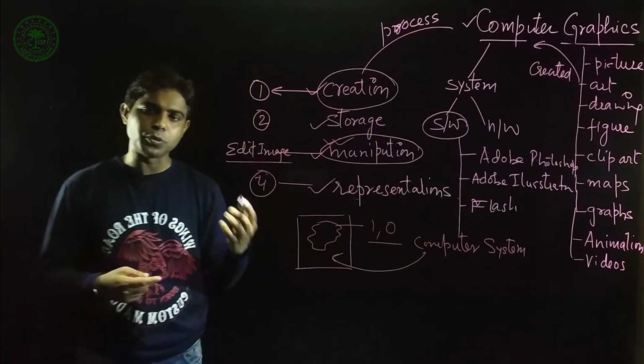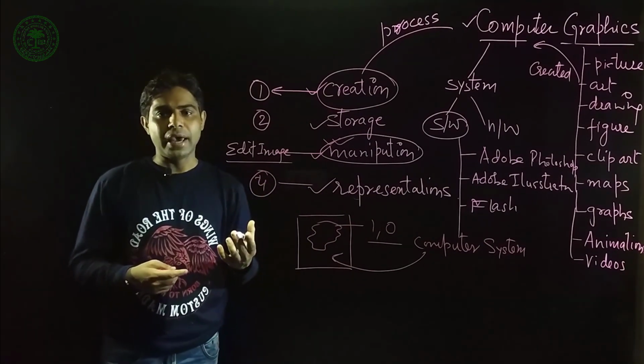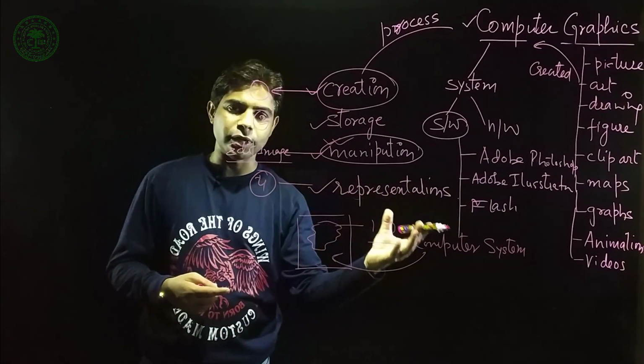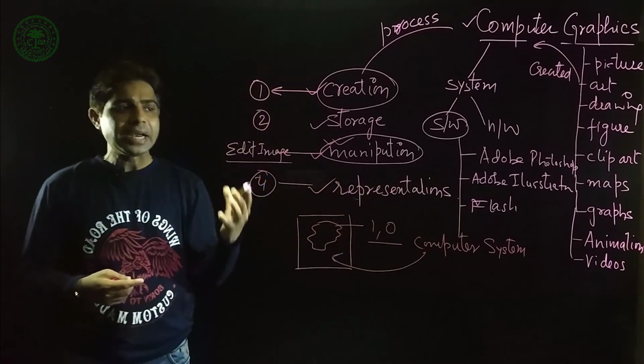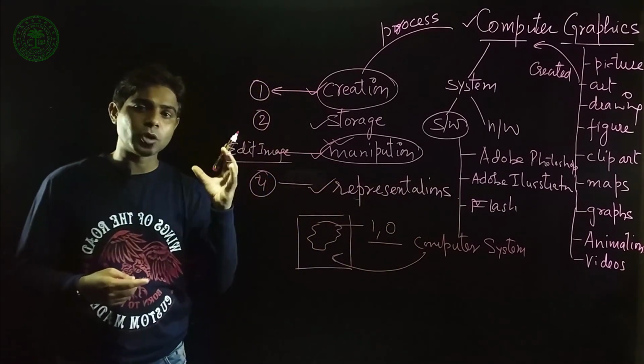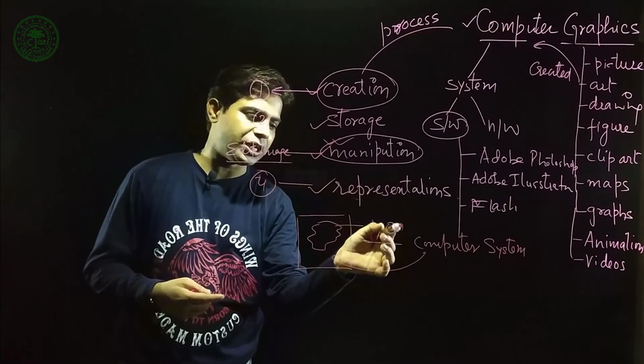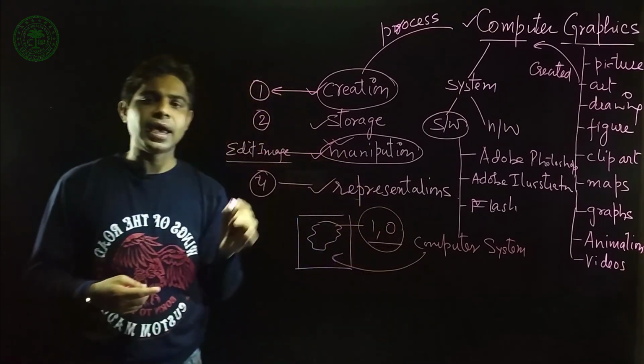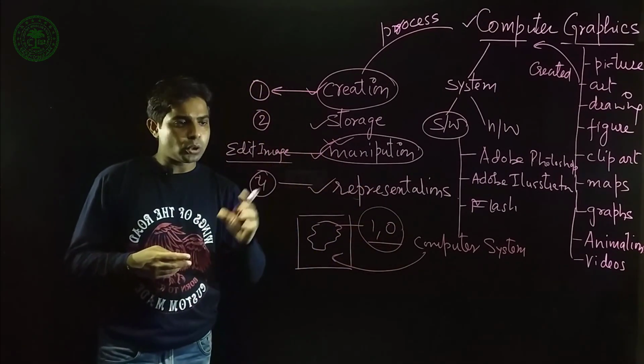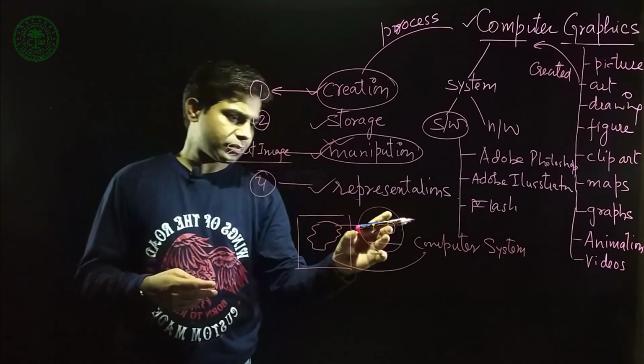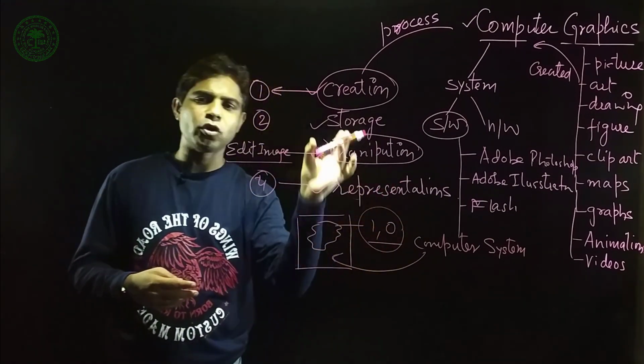When we are talking about a computer, you do processing, and when you are using a computer, you are generating the digital image. And the digital image is represented in terms of ones and zeros. So this is the representation part of an image.